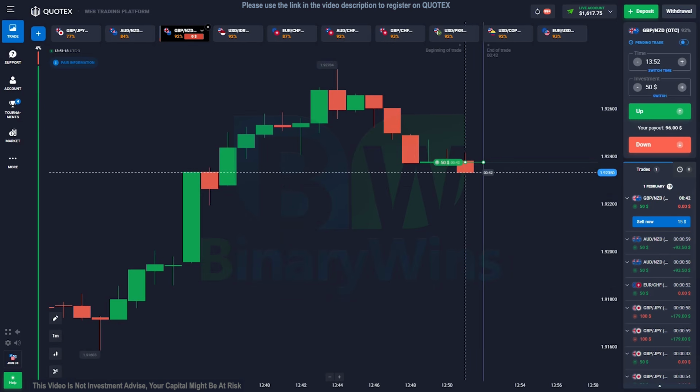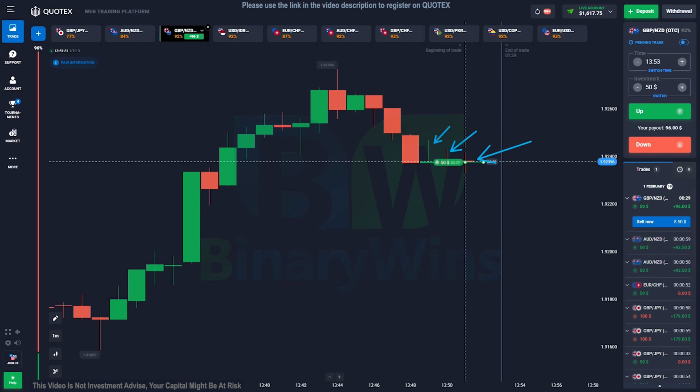Considering that after the weak green candle, a weak red candle formed again. It means that the power is still in the hands of the buyers.